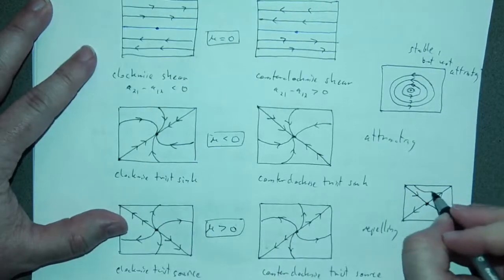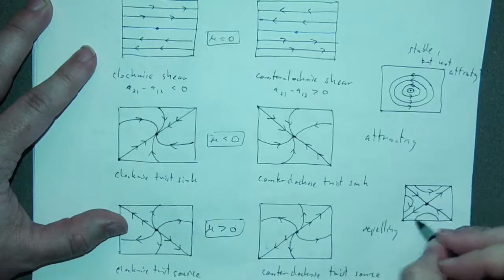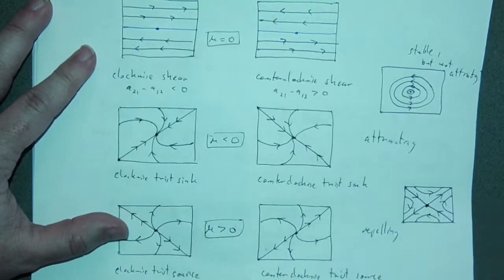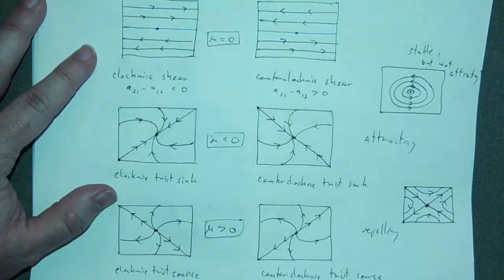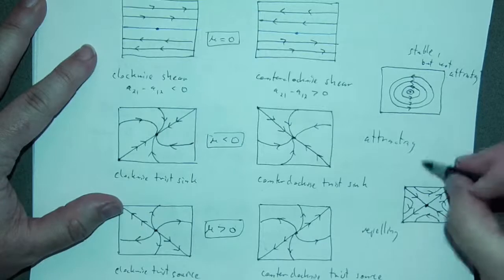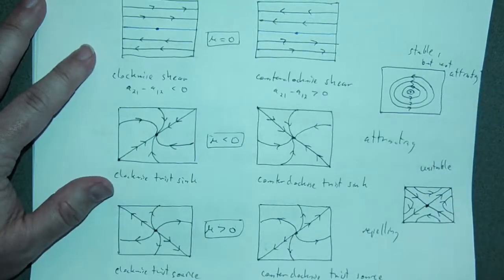So this picture looks like this. And there's my picture. Notice, what is this? This is unstable. And it's unstable because it's not stable.